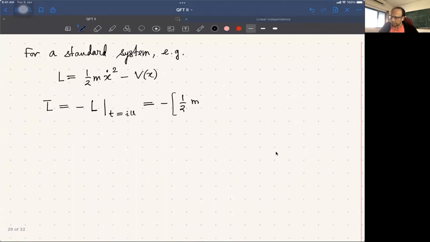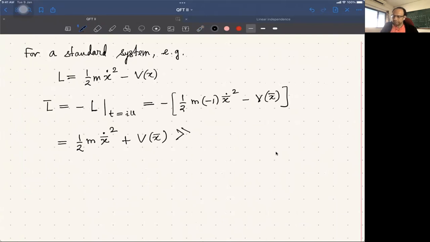So this is i square with a minus 1, x bar dot square, then minus V of x bar. So this is half m x bar dot square plus V of x bar. And this is great. This is a positive definite quantity.